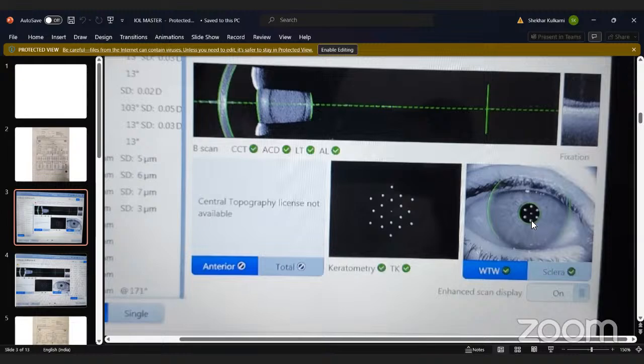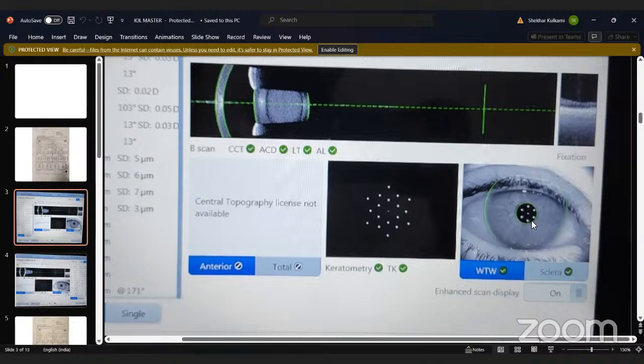What does that mean? It means the pupillary axis and the visual axis should be the same. You check the alignment between the pupillary axis and the visual axis. You can check these 6 dots, whether they are on the pupillary axis or not, or is there any deviation between the axes.